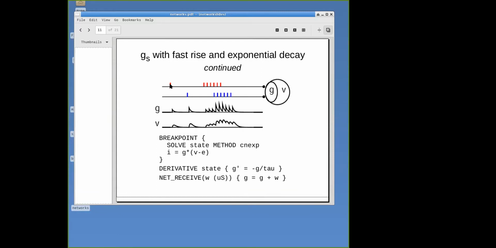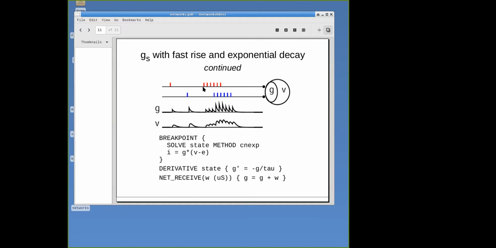So that delay between this red hash mark and the start of this transient is the conduction delay and the synaptic delay. We're saying that there's another stream with events marked in blue that delivers events associated with stronger weights to our synaptic target. And when one of those is delivered, it produces a larger perturbation of G.